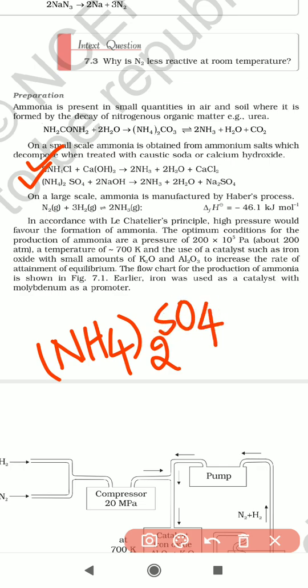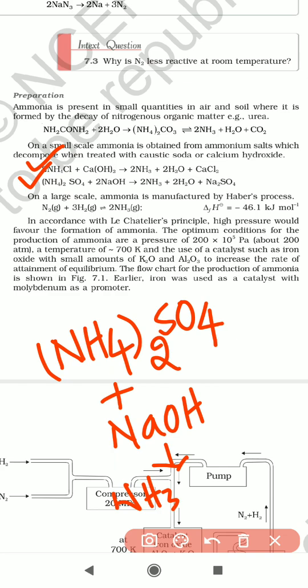Ammonium sulfate reacts with sodium hydroxide, NaOH, to produce ammonia, NH3, plus water plus sodium sulfate, Na2SO4. So by using these three methods we get only a small quantity of ammonia.